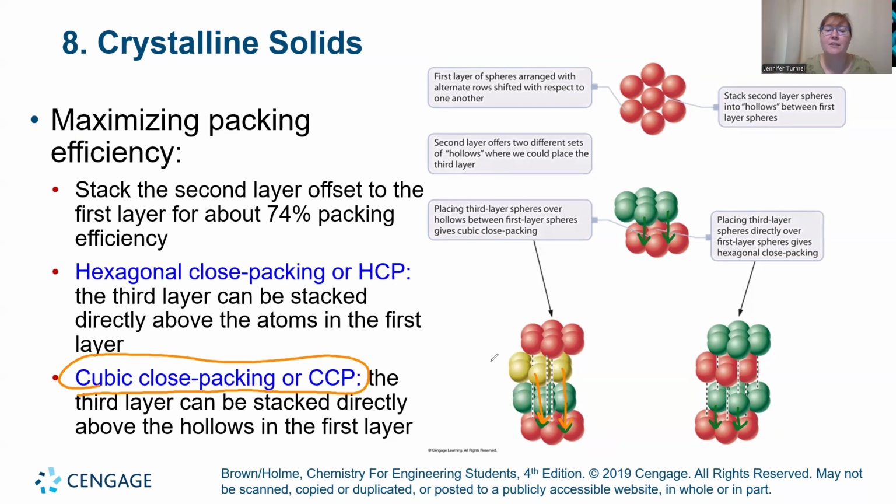And so we keep staggering. We're always offset a little bit in our cubic close packing, so each one is set off a little bit.